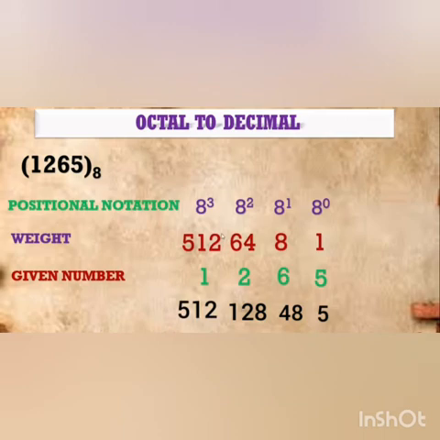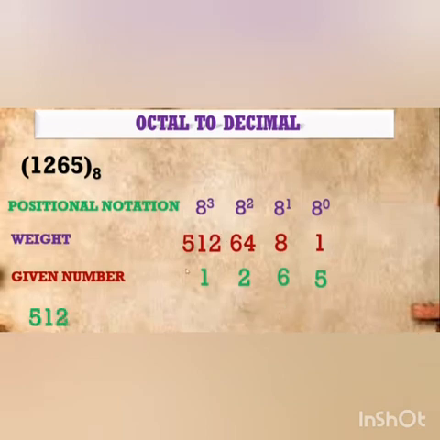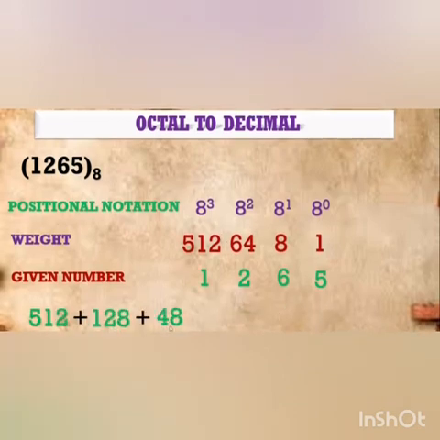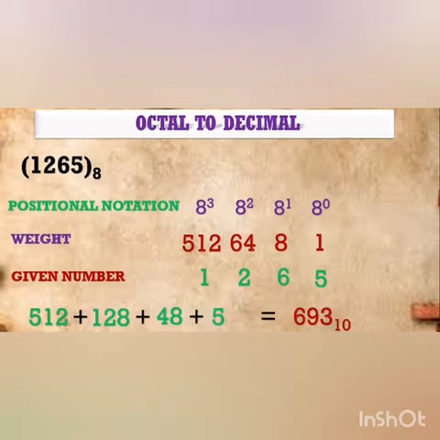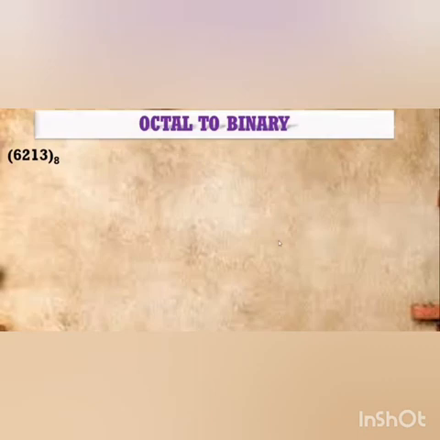And the next step, we have to add all the values, that is 512 plus 128 plus 48 plus 5. What is the value? 693 base 10. So the decimal equivalent of 1265 base 8 is 693 base 10.